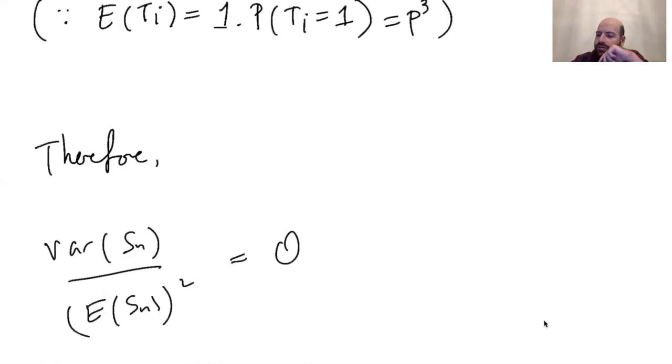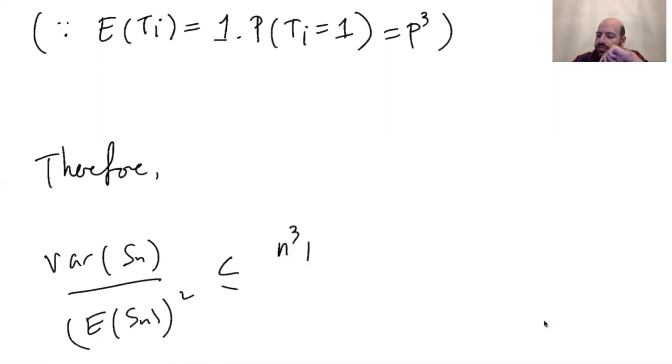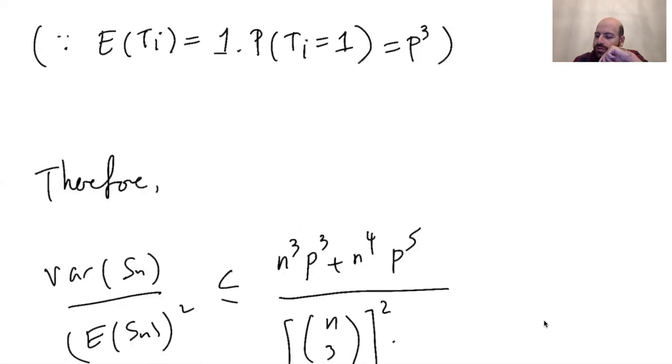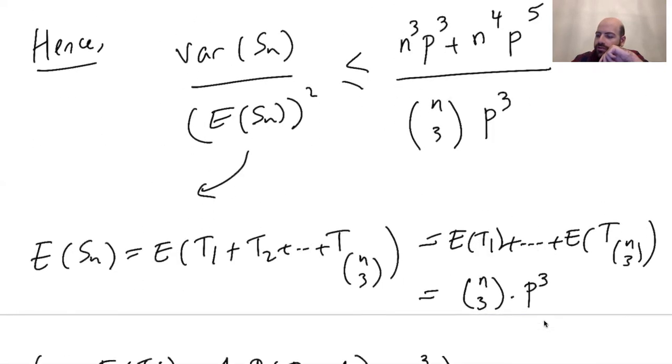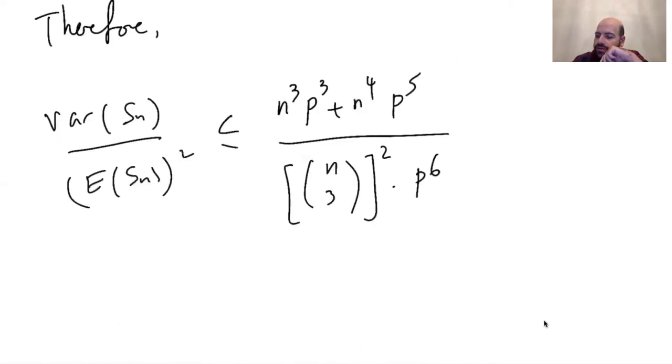let me write the expression one more time: n to the power 3 p to the power 3 plus n to the power 4 p to the power 5 divided by n choose 3 to the power 2 times p to the power 6, which is big O. Now p to the power 3 over p to the power 6 is 1 over p cubed.